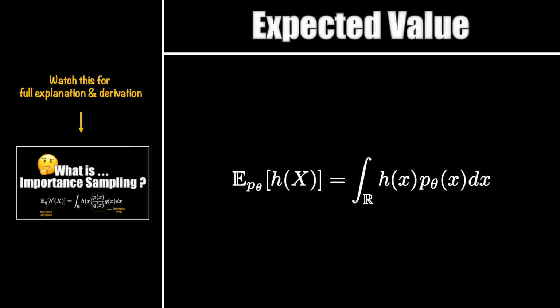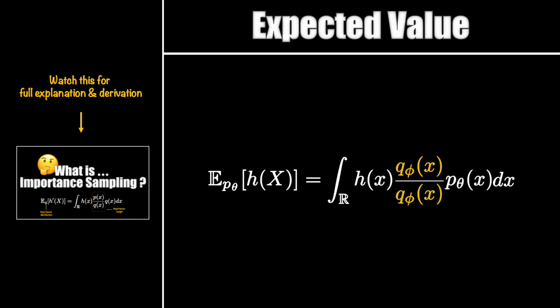And of course, you need to accommodate for the fact that your sample is coming from a different function. So our main job here is to somehow introduce a proposal function in this expected value formulation. This is a time we have to be a little crafty.